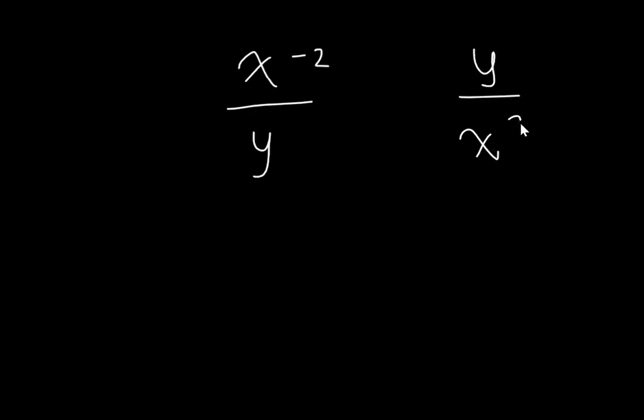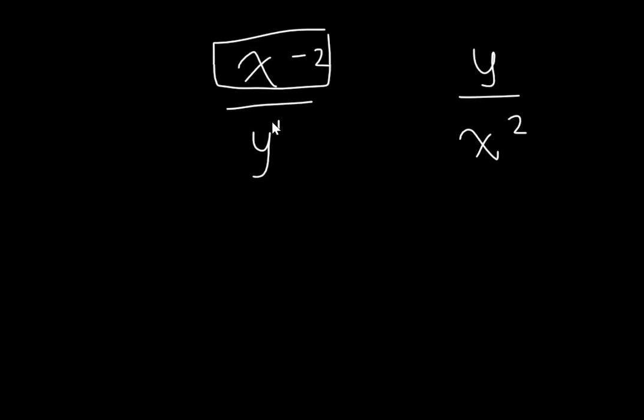So the next question you asked is x to the negative second over y, and your answer was y over x to the second. This is the exact same thing. You only need to move this term because y is equal to y to the first. y to the 1 is a positive exponent, so you can leave that as is.